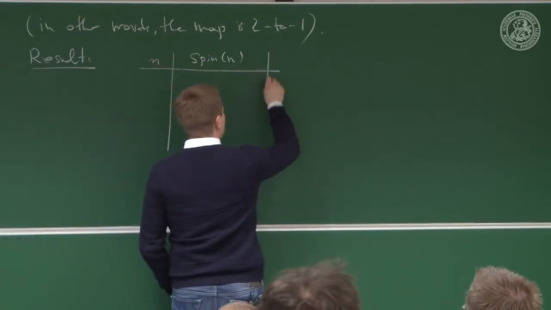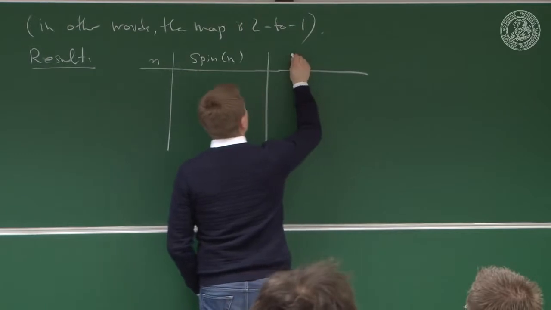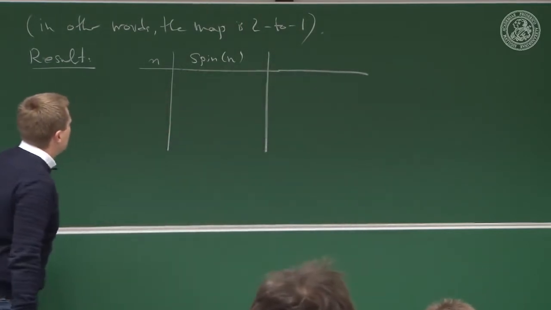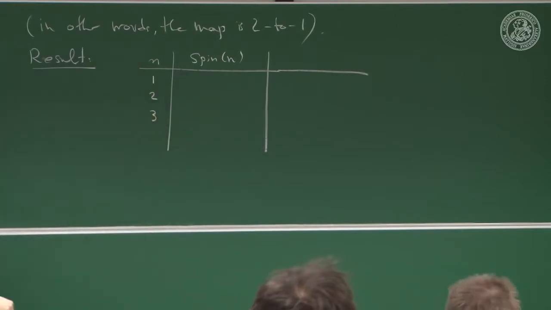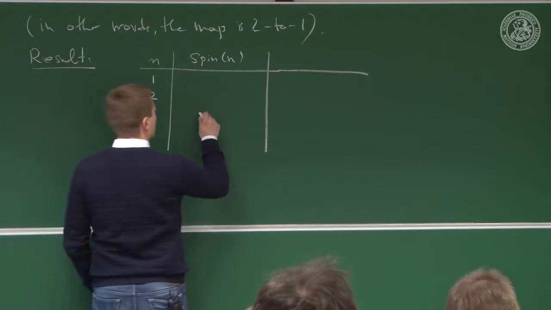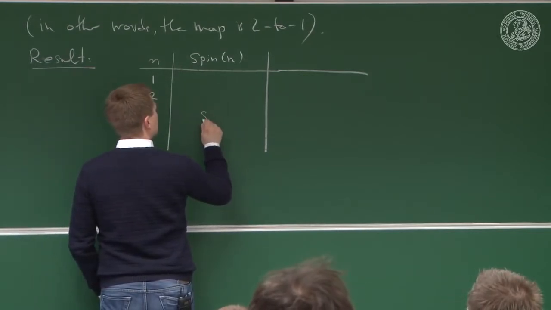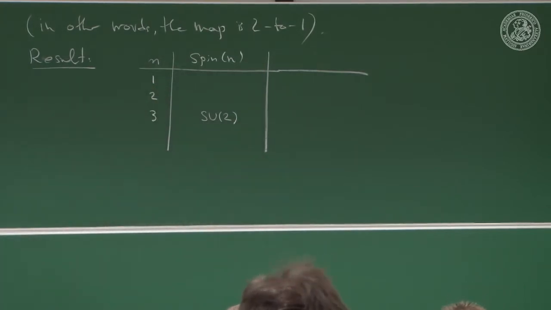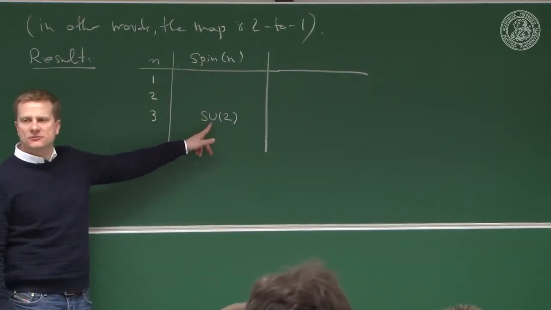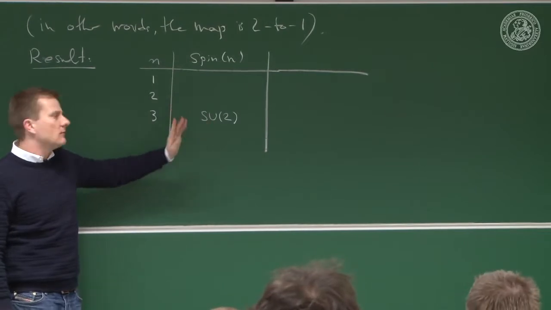And we'll also look at spin, well, I'll do that in a second. So in 1, 2, 3 dimensions, what's this spin n group? Well, what you all need to know is that in 3 dimensions, the spin 3 group is SU2. Okay? One can check this.